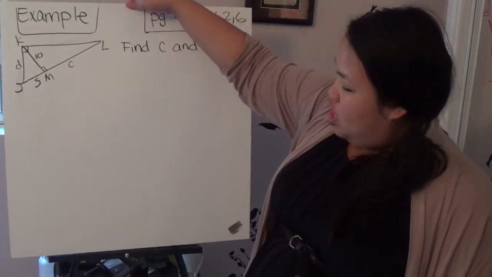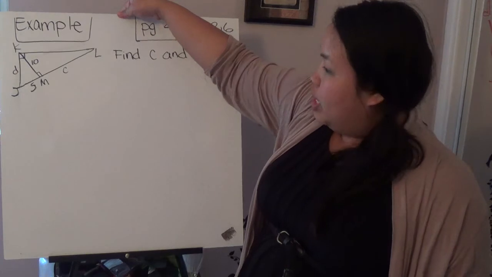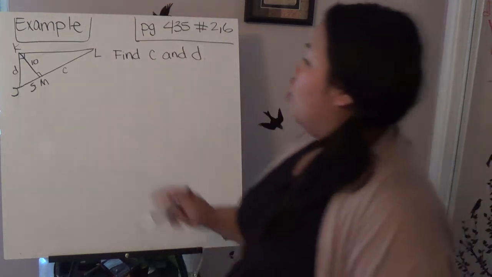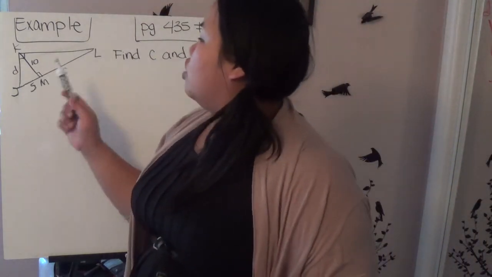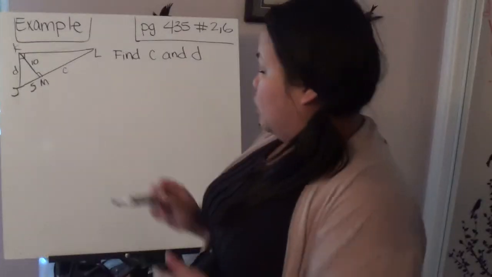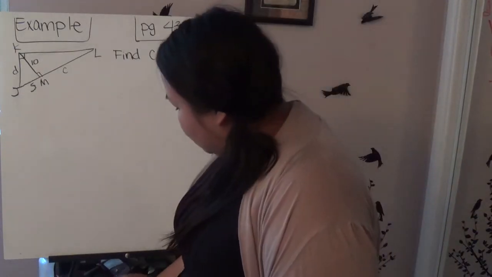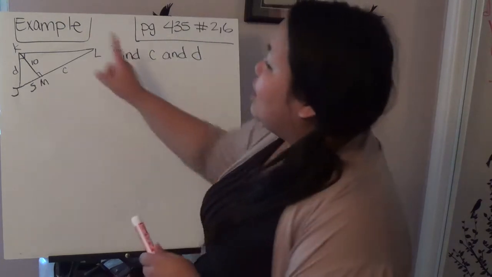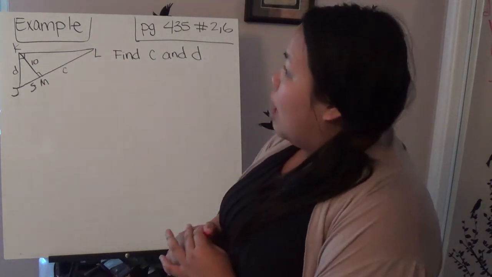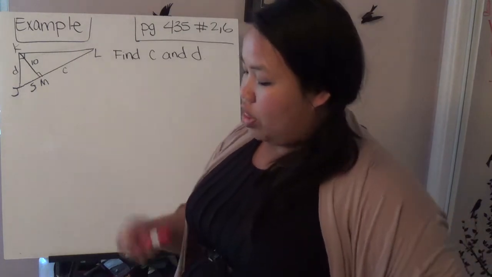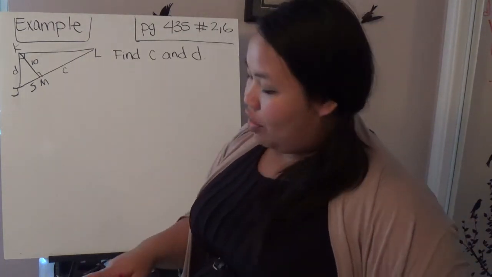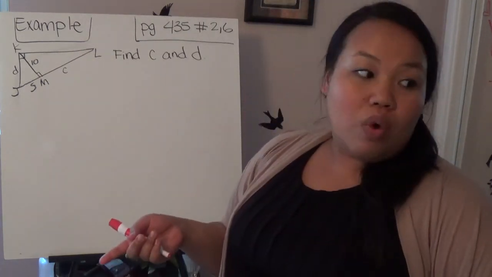Okay, so in this case right here, we have triangle JKL and M. They want us to find C and D. So what I do here is replace this. Now look back in your notes. I'm going to replace this with the letters that I have in my Theorem 8.1 notes.